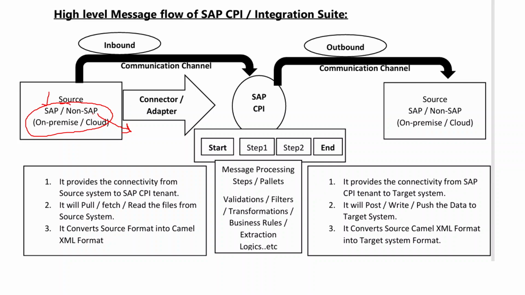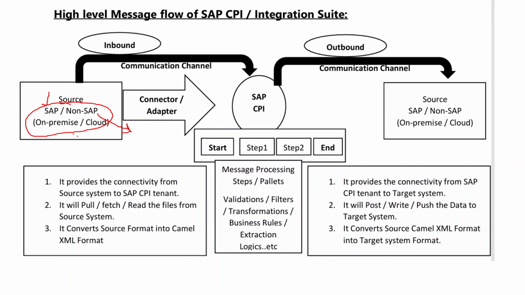Those applications will be termed as non-SAP applications. When I say SAP applications, you can just remember we have discussed ERP, right? What is SAP's first product, ECC or ERP? You can think of that product for now. And when you see non-SAP, you can think of Salesforce or some other application, whatever you know.